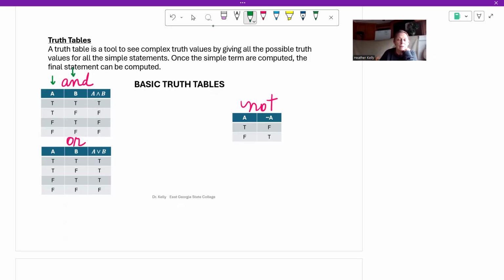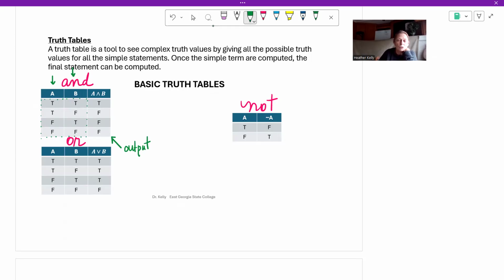And what the body of the table gives us is all of the ways that we could mix two variables with two outcomes, either true or false. That's just a pattern that you'll write down. And then this over here is the output of the truth table.